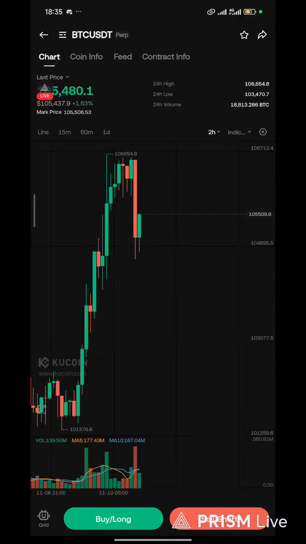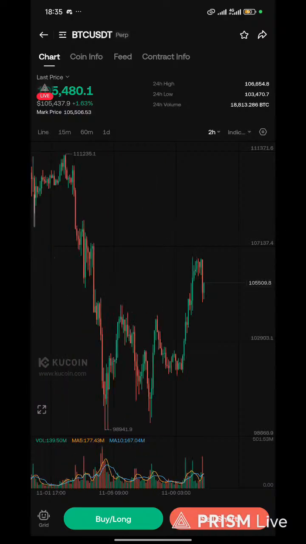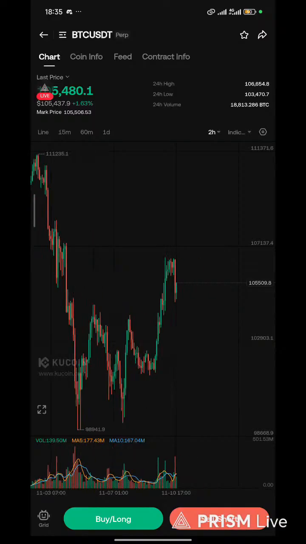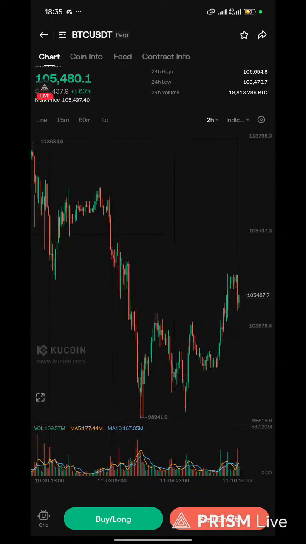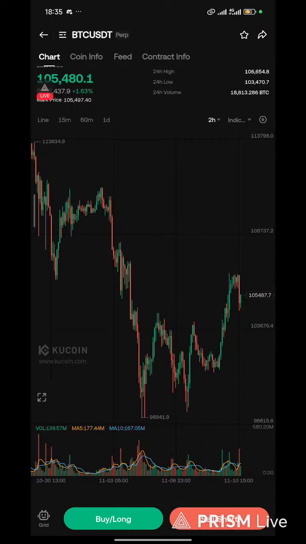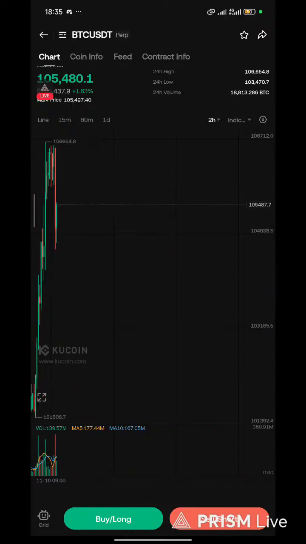This is what you do, because right now the market is in consolidation. You don't have to trade there. This is it. Come here, you take a sell position.